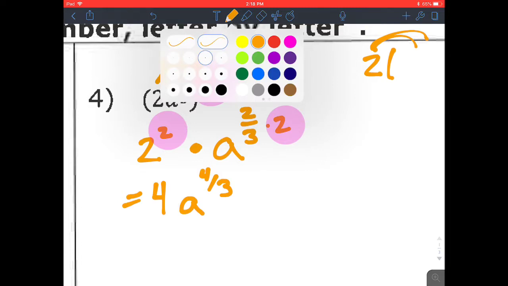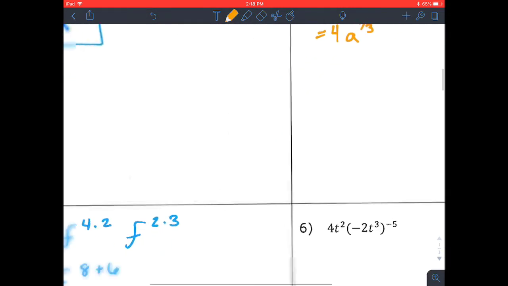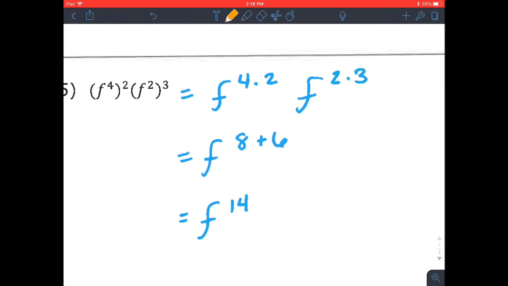All right. So then, if I look down here, this one's got it twice, so I've got to do it twice. Here, I've got f to the 4th raised to the 2nd power and f to the 2nd raised to the 3rd power. Then I have 2 and 4 multiplied, 3 and 2 multiplied, and that gives me 8 and 6.